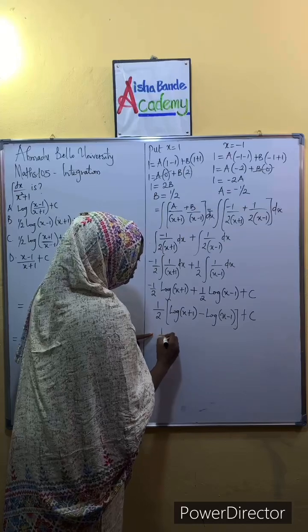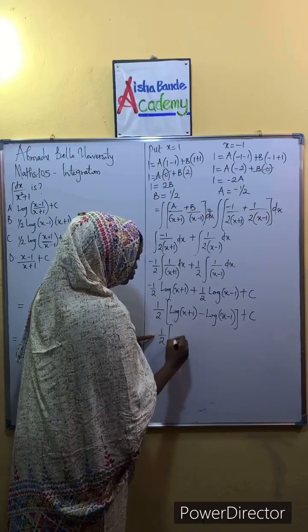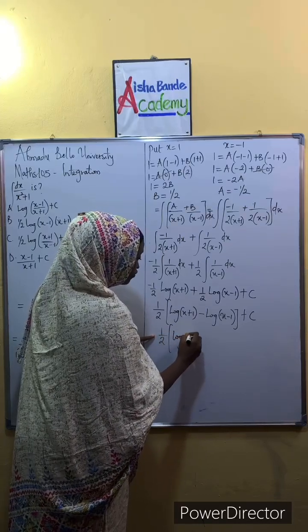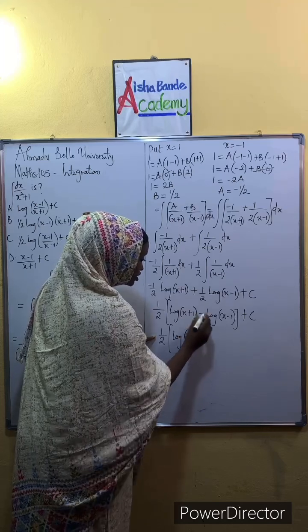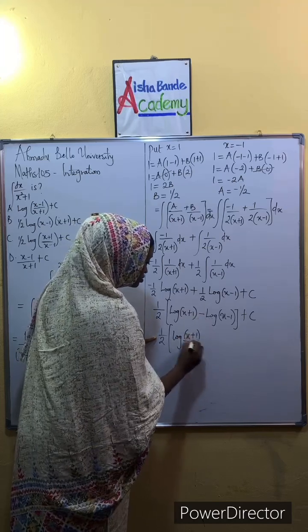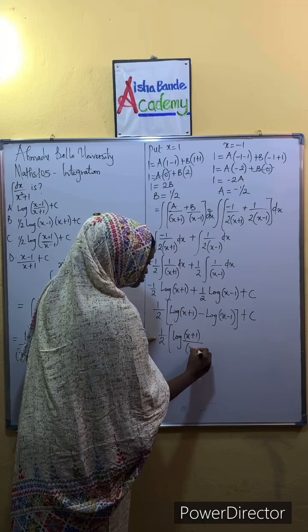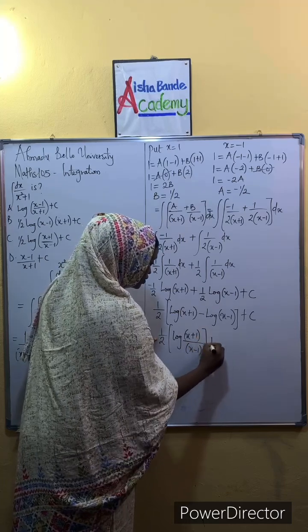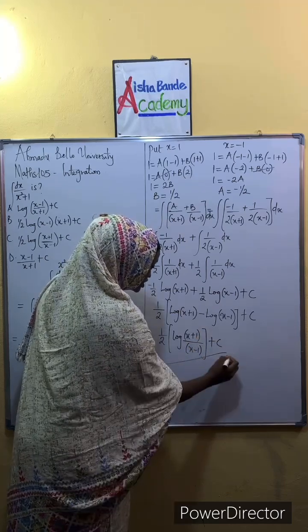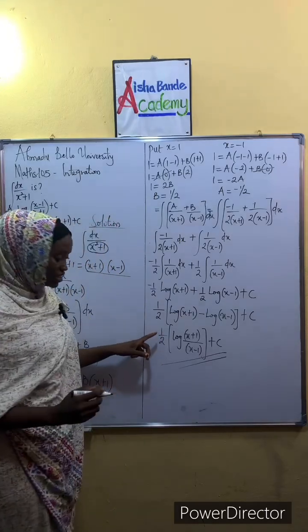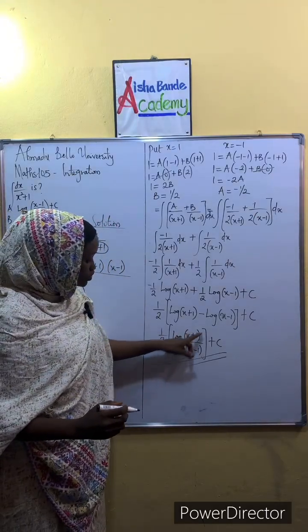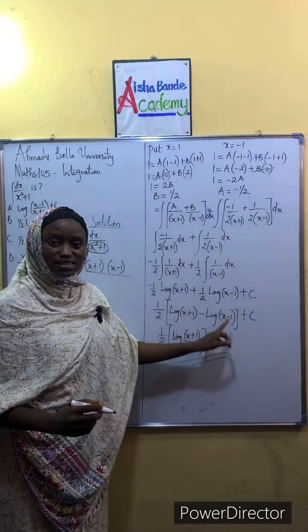Simplifying, this gives 1 over 2 log of (x minus 1) over (x plus 1) plus the constant. So this is our final answer: 1 over 2 log of (x minus 1) over (x plus 1) plus c.